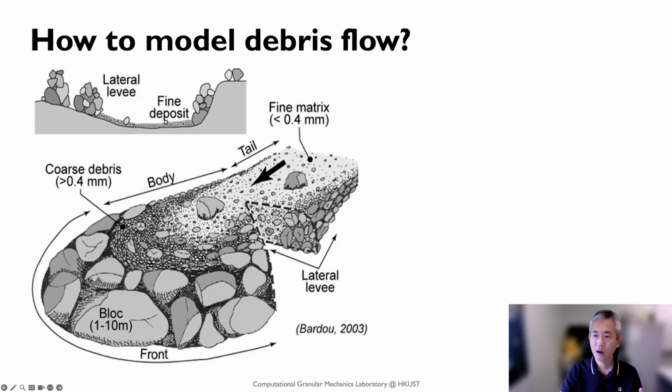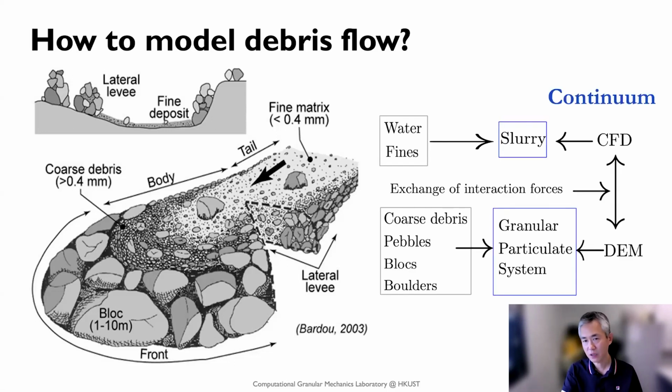Okay. And then if we want to use DEM to simulate them, you can imagine that simulating such a wide grain size distribution is going to be a very computationally challenging task, right? And let alone if you want to respect their shape, that adds more challenges here. So what we do in the unresolved CFD-DEM coupling is that we consider this water and this fine matrix, and consider them as an equivalent slurry, and then we use CFD to solve them.